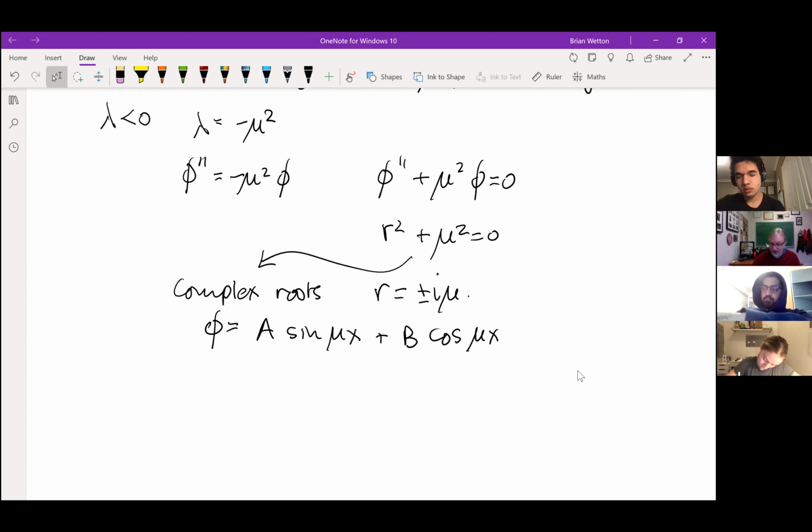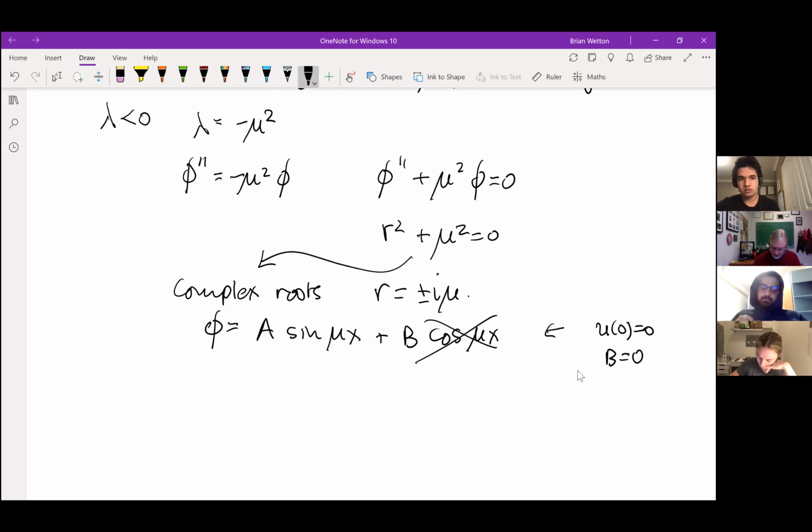Right, and if r is any other complex conjugate pair, then you can look back through your Math 215 notes to figure out what the general solution is, and that's what you need to do for assignment 1, question number 1. Okay, so now if I'm going to apply the boundary conditions, that means this term can't show up.